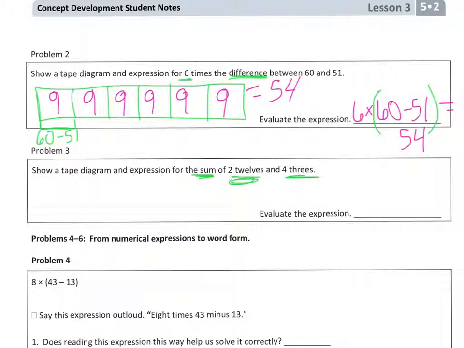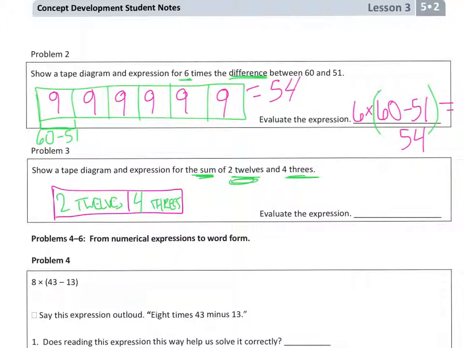So here is our tape diagram. And we're going to make it a little lopsided. So on one side we have 2 12s, and then we have 4 3s.